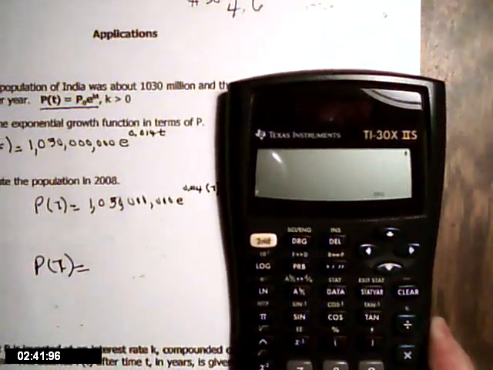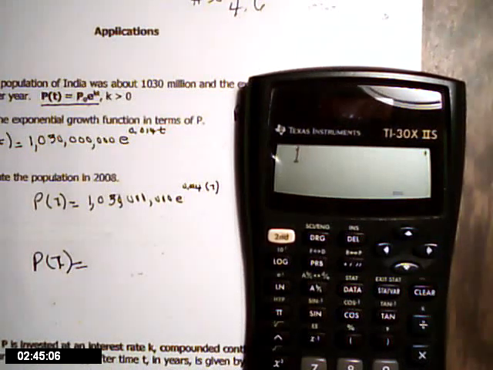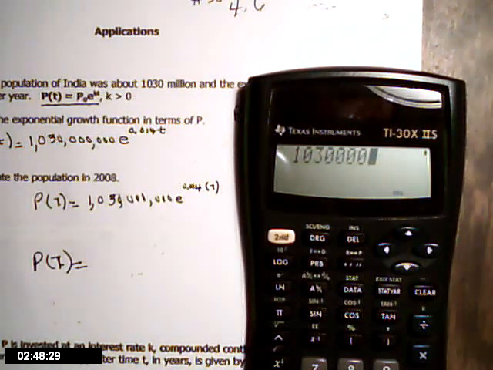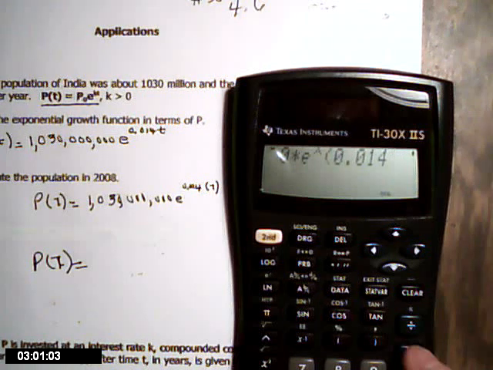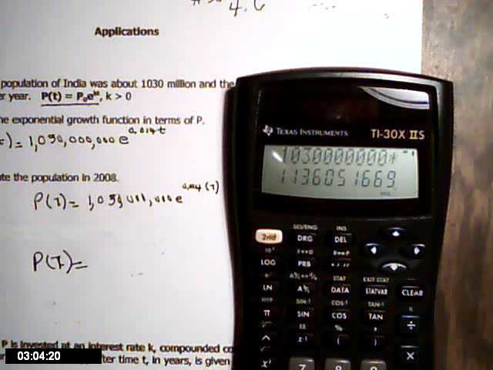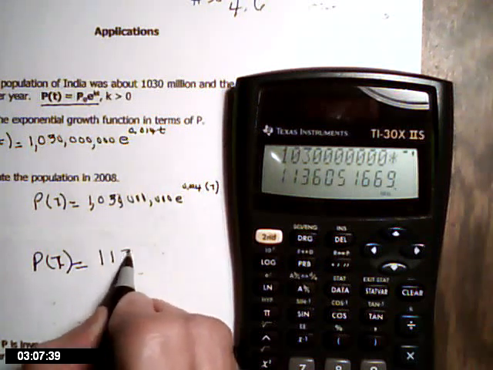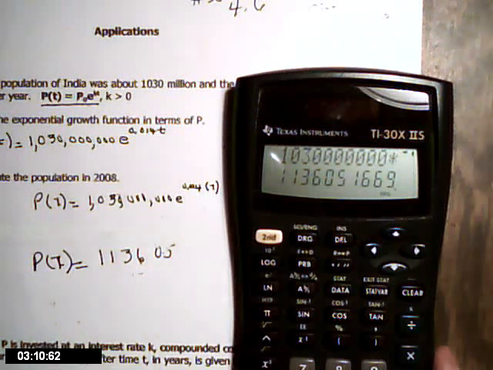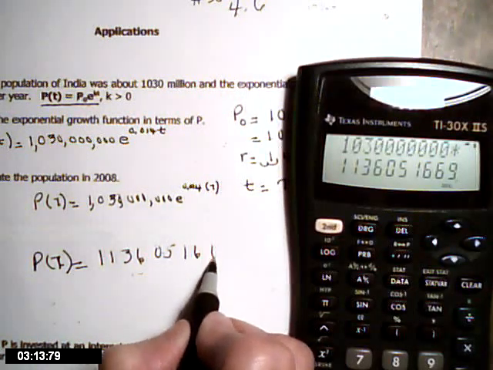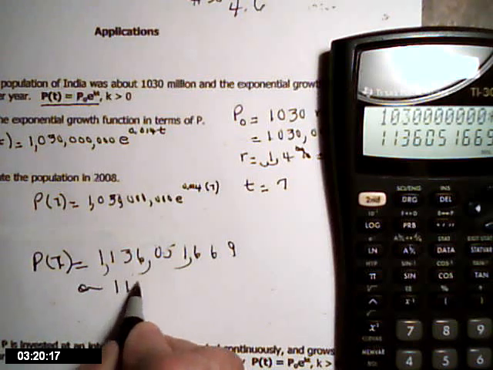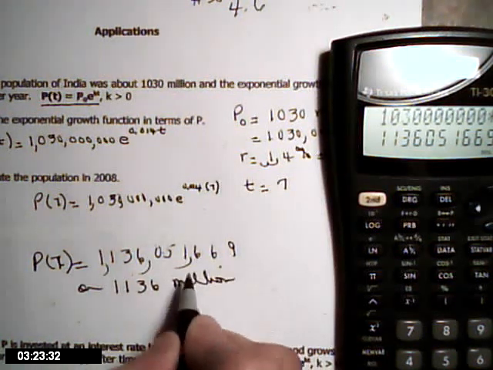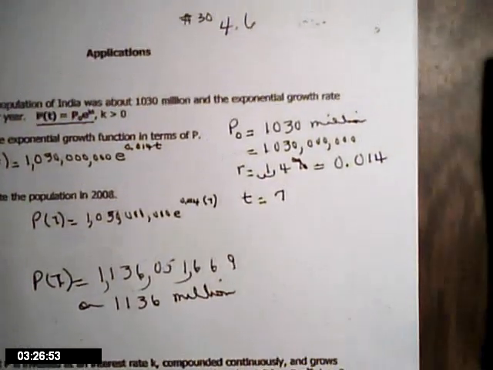I'm going to put in 1030 with 6 zeros, times, now to get e to a power I'm going to go second ln, and now you see e raised to the, and I want 0.014 times 7, close my parentheses, equal, and I have 1136051669 people, or 1136 million, and that's the way your book or your problem was given. So that many people at the end of 7 years.